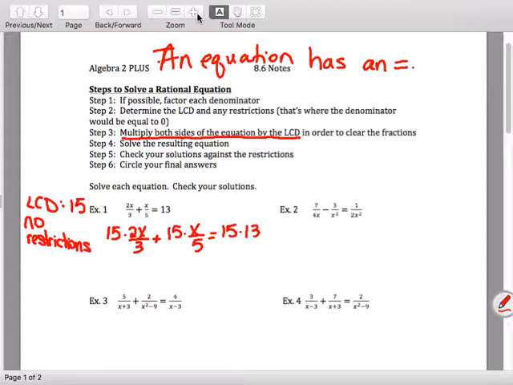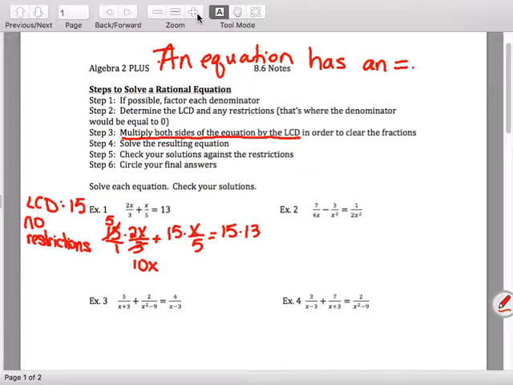So now what I want you to notice is on the left side, that 15 is technically 15 over 1. When you multiply by 15, that's not 15 over 15, it's 15 over 1. Now, this is a beautiful connection to 8.4. This is multiplication. What we learned is 3 goes into 15 5 times. 5 times 2x is 10x.